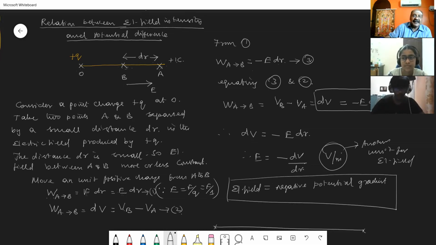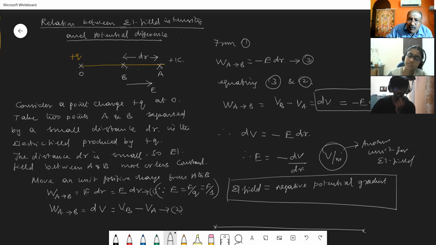In order to study the relation between electrical field and potential difference in air medium or in free space, consider a point charge plus Q placed at O. So around that, you will be producing an electrical field E. In that electrical field, along the line of the charge, you consider two more points, A and B, separated by a small distance dr. Now, you consider a unit positive charge at A. Let that unit positive charge be represented as +1 coulomb.